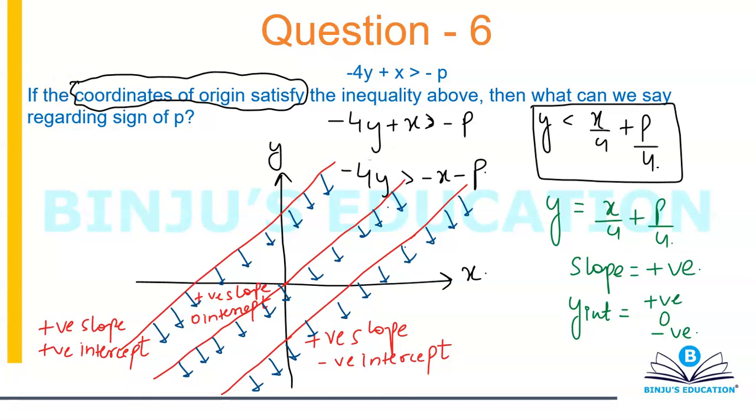Now for case number one, since we are taking the area that lies below the line, and origin also lies below the line, hence for case number one, when I have a positive slope and a positive intercept, I can say that coordinates of the origin satisfy. Because which region I need to take? The region that lies below the line. Where is origin? Origin is also below the line. Hence, for the first case, coordinates of origin satisfy.